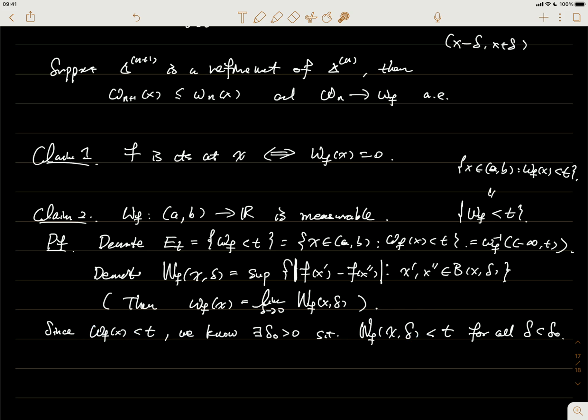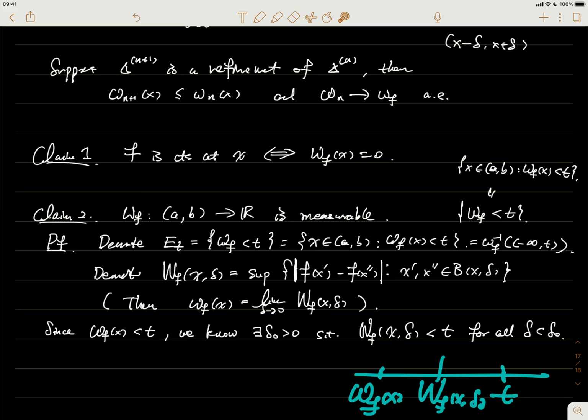Or in other words, you can look at it this way. Say this is t, and this is the omega f of x, which are both numbers. If you know this Wf of x is smaller than t, you know that this point will be your capital W_f(x, delta).